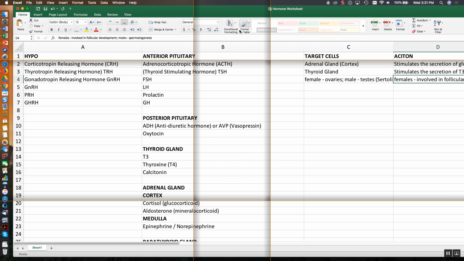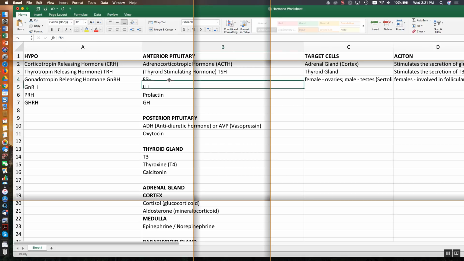Okay, LH, luteinizing hormone. I'll just do that while you guys are... Follicle stimulating hormone. And then LH is luteinizing hormone. Okay, so target cells, same.